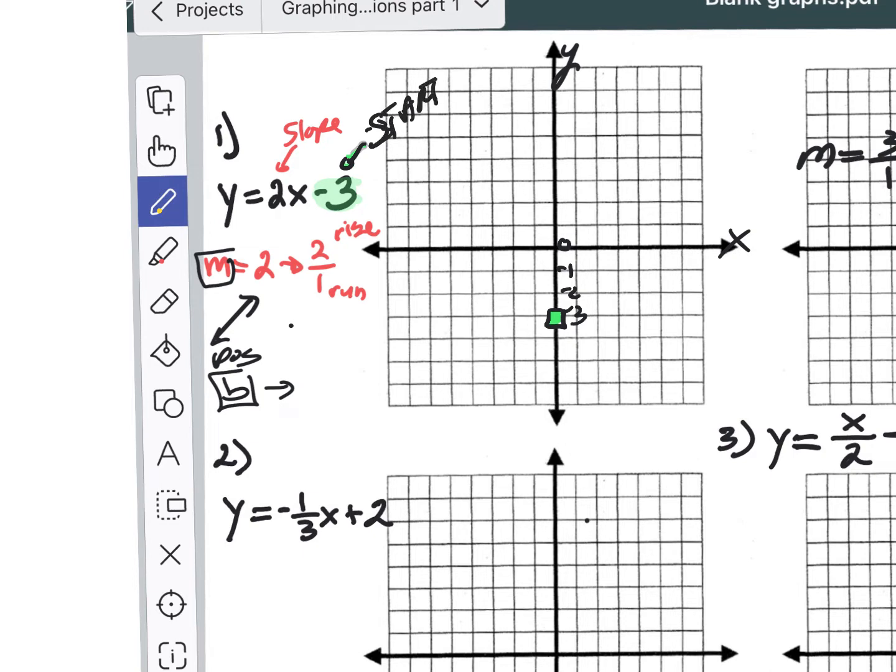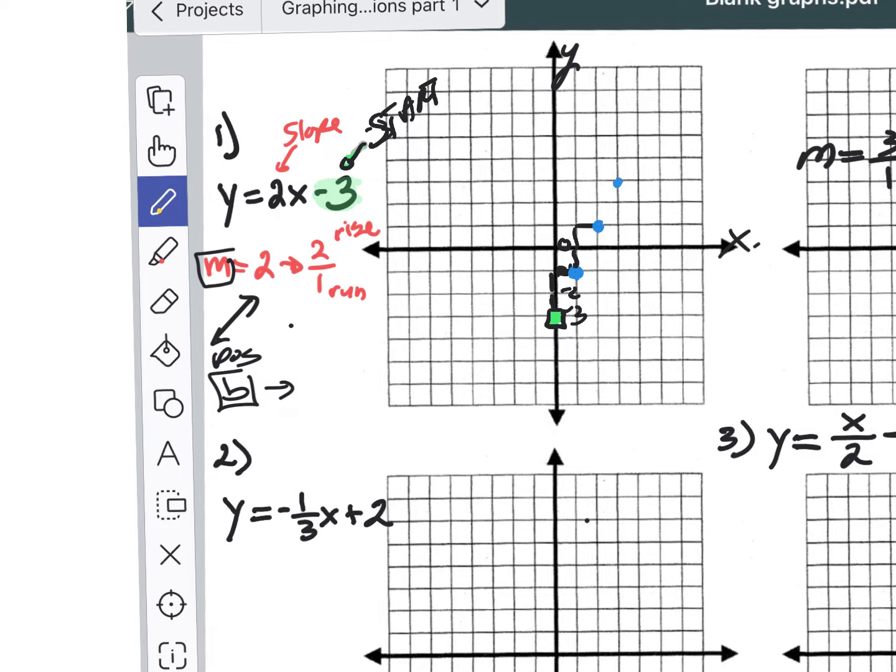Then we're going to use the slope, which is our stairs, which is up 2 over 1. From that starting point, we're going to go up 2 squares and run 1 square, and then make a new dot. And then we're just going to keep going up 2 over 1. From that new point, we go up 2 squares and over a square, and we could just keep doing that.